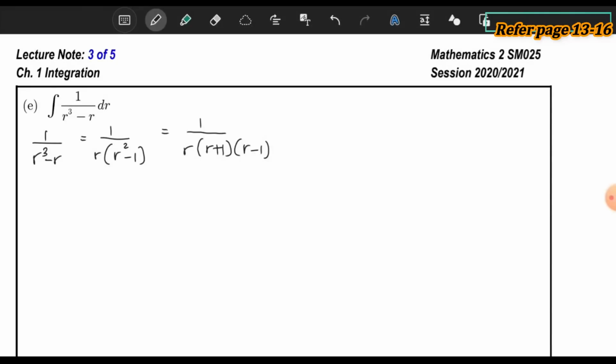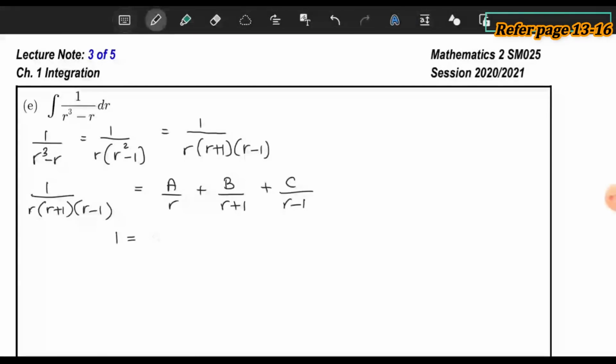Okay, so now we proceed to partial fraction. We have 1 over r plus 1 times r minus 1 equals a over r plus b over r plus 1 plus c over r minus 1.